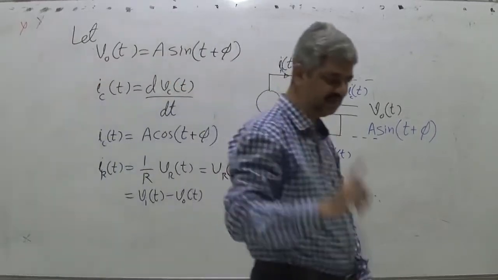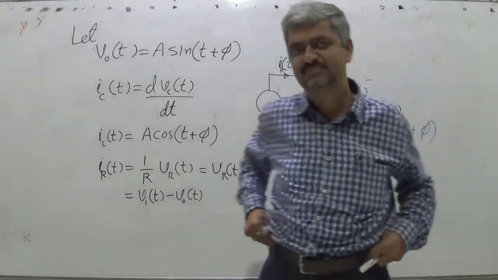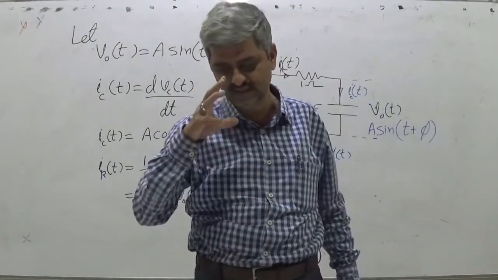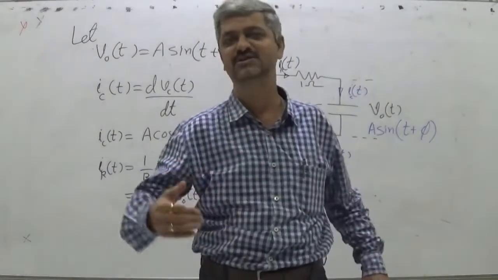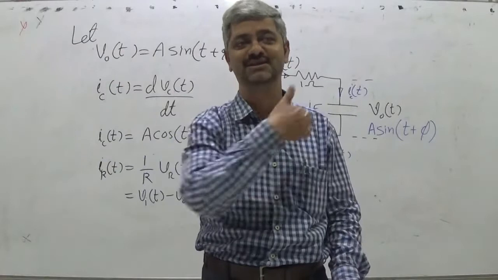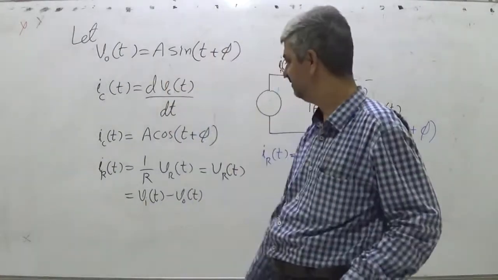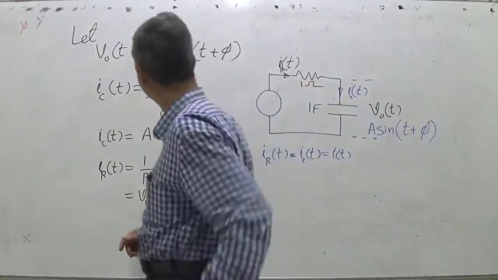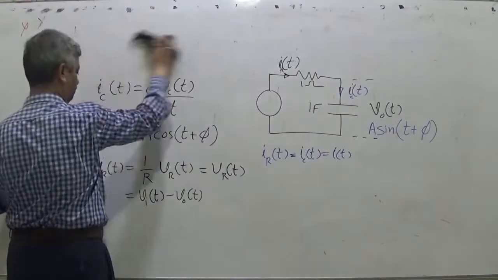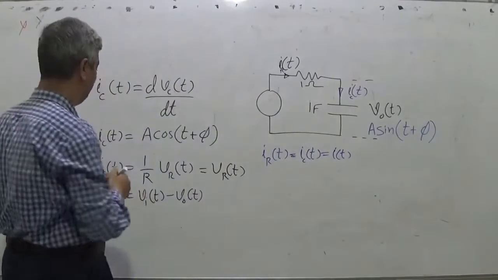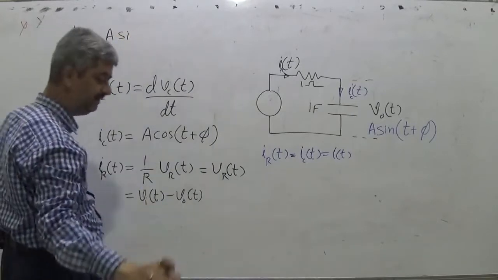Friends, I am explaining it in a very simple manner because this is the first subject, and each and everything should be well understood by everybody, not just because it is given in the book, not just because others say so. No, everybody of you has to understand. So what is v_in(t)?